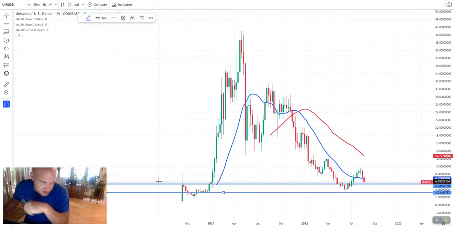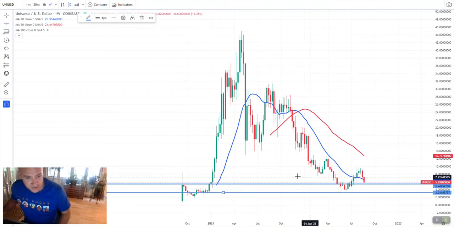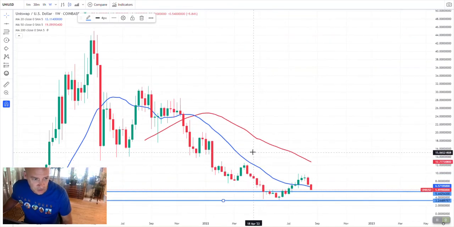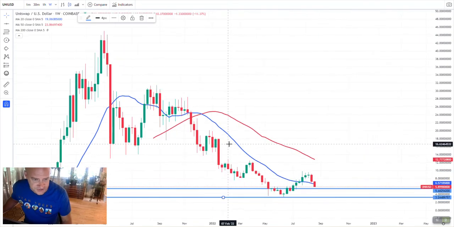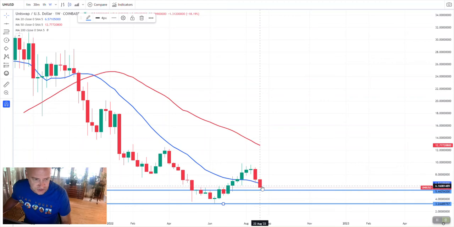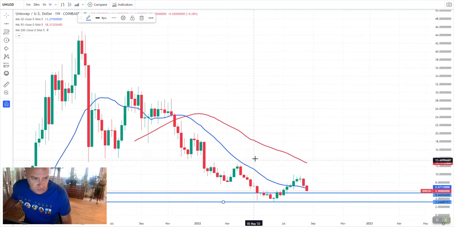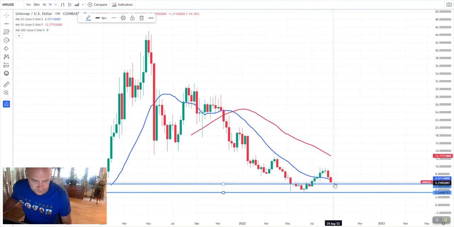Let me go ahead and mark this out. If we think about our resistance and support as a zone, this is our zone right here. So what are the couple of scenarios that can happen? Well, good chance we're going to touch down on this $5.50 mark probably this upcoming week. But then it's really about, does it go through? If support holds, then what? Let's say support breaks.